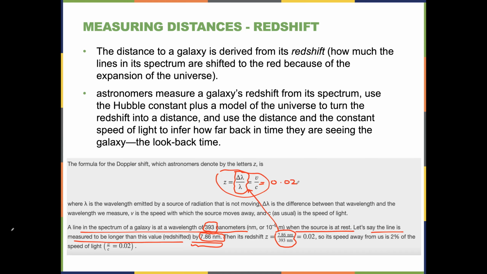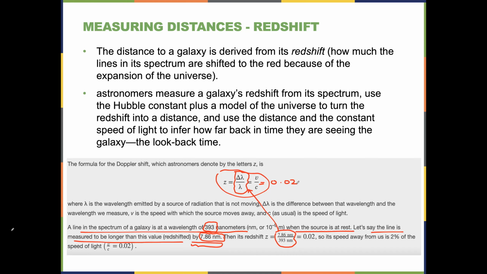So that's how you find the recessional velocity of a galaxy, how fast a particular galaxy is moving away from us. You don't directly measure the velocity.